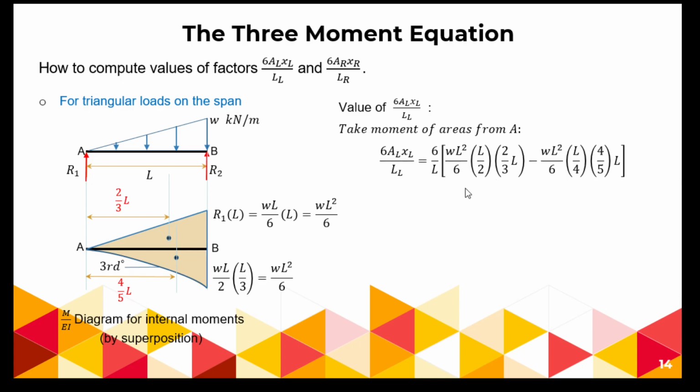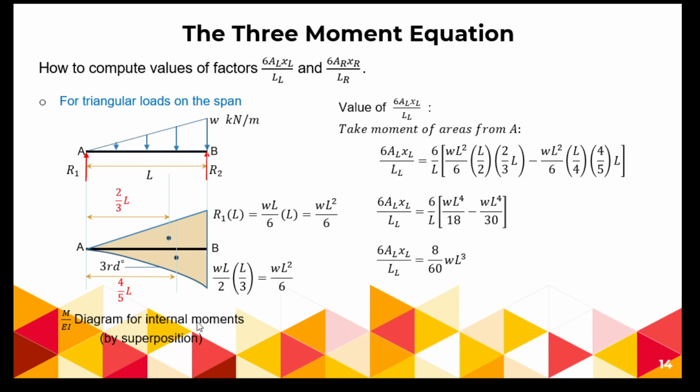So, we have WL squared over 6, the area, times L over 2, dinato WL cube over 6, times L over 2, two-thirds of L. We also have here WL squared minus sa dalom, WL squared times L over 4 times 4/5 times an L. So, simplifying that, we have our factor equals 8 over 60 WL cube.